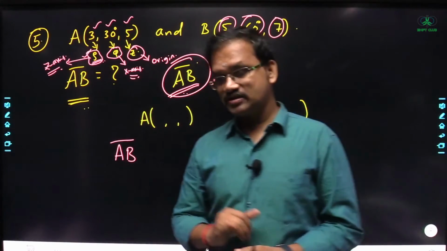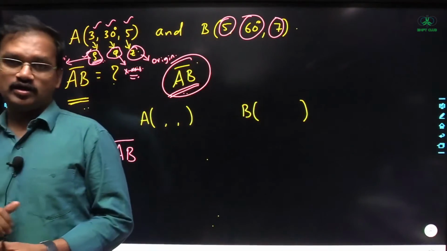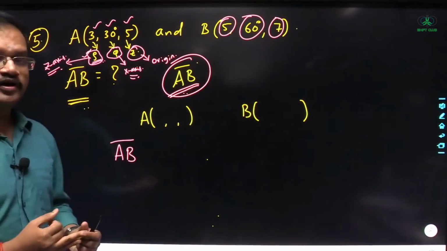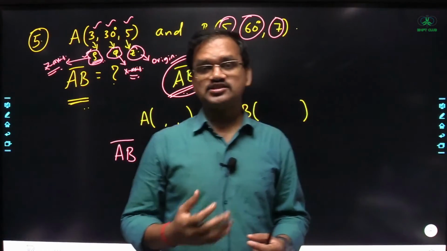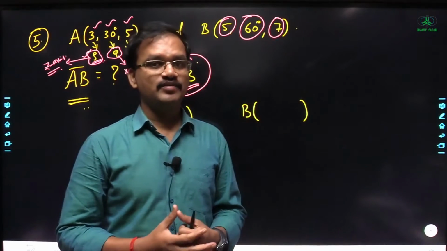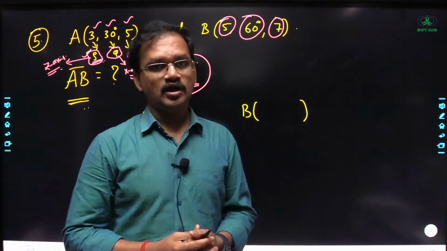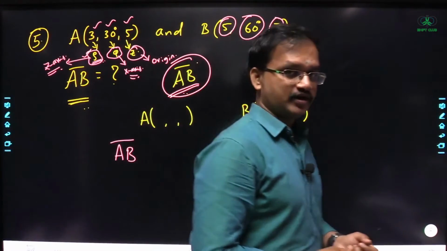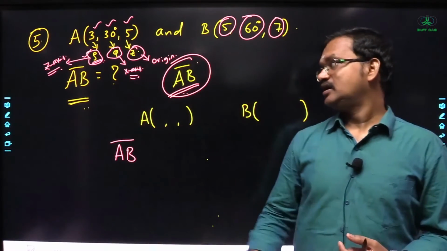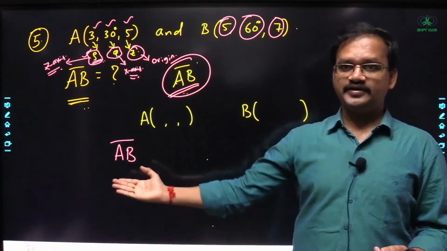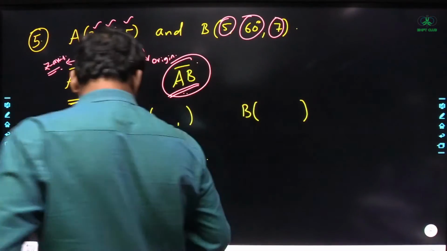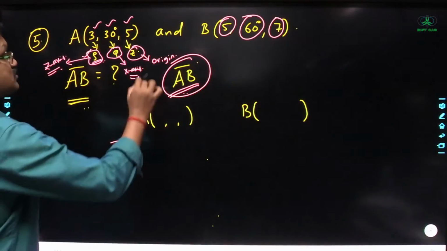This is very, very important. The second condition is that all the three coordinates of points A and B must be measured with respect to the same reference point. If these two conditions are satisfied, then only can we represent this in the form of a vector. So write down these conditions here.